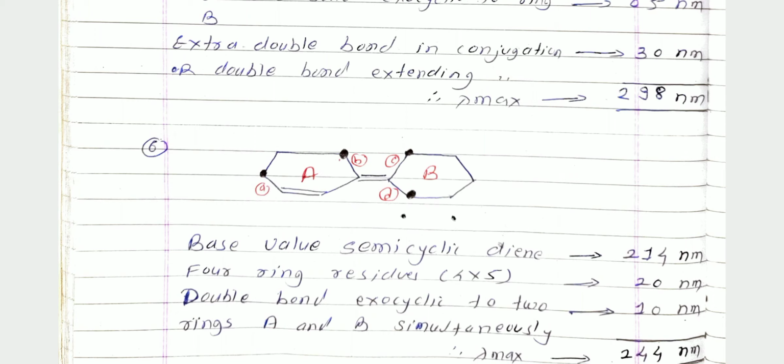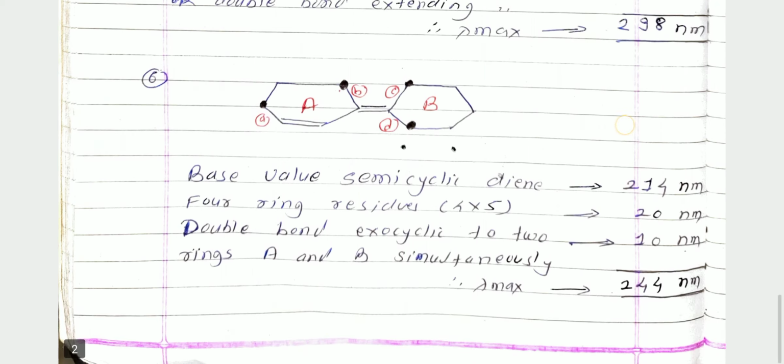Therefore first you write down the base value for semicyclic diene, 240 nanometer. Then I am showing here dotted alkyl substituents. How many alkyl substituents? There are 4 dots in this structure. Therefore 4 alkyl substituents or 4 ring residues. 4 into 5, one alkyl substituent having value 5, 4 into 5 is 20 nanometer.